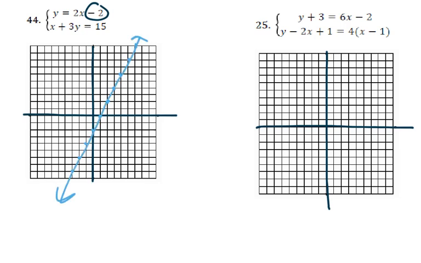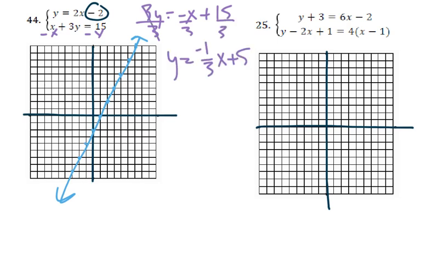There's our first line. Our second one, we'd subtract x, right? To get 3y equals negative x plus 15. Divide everything by 3. That would give us y equals negative 1/3 x plus 5. So go up to 5. And we're going down 1 to the right 3.